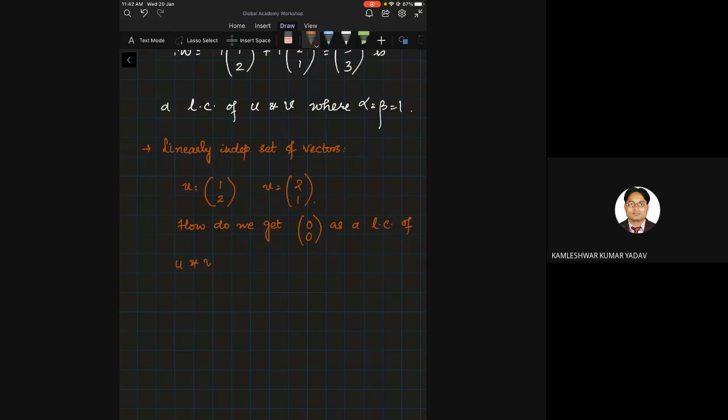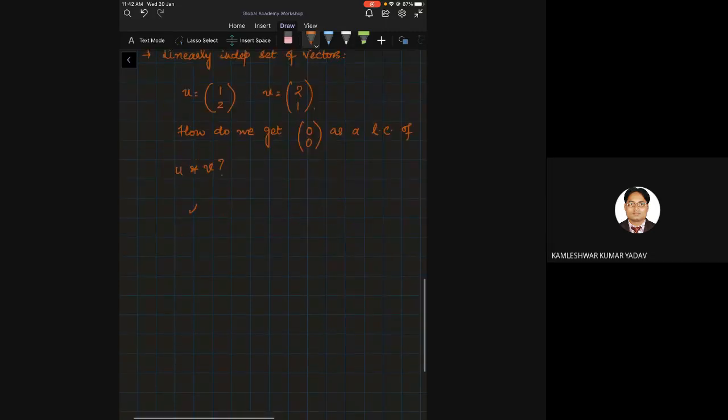Which means, what is it that we want? We want to find the scalars alpha and beta such that alpha times (1, 2) plus beta times (2, 1) gives me (0, 0).